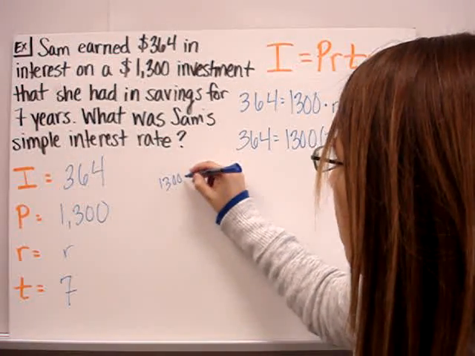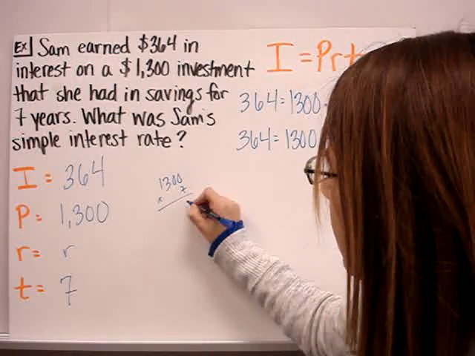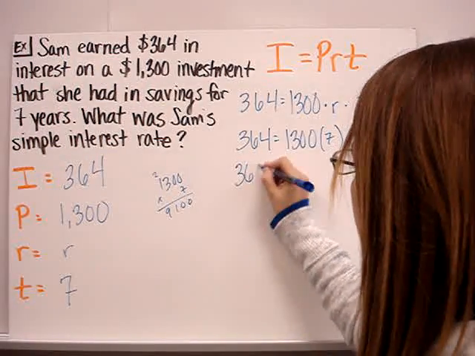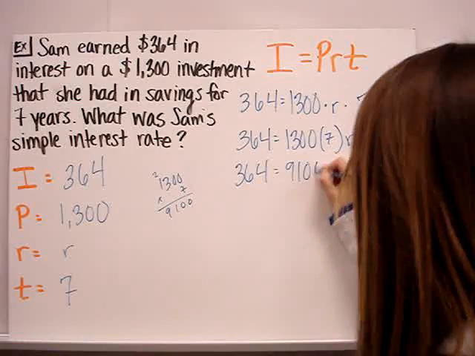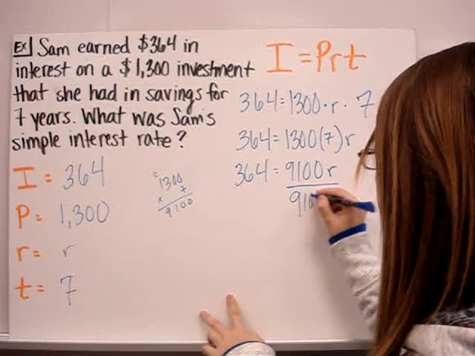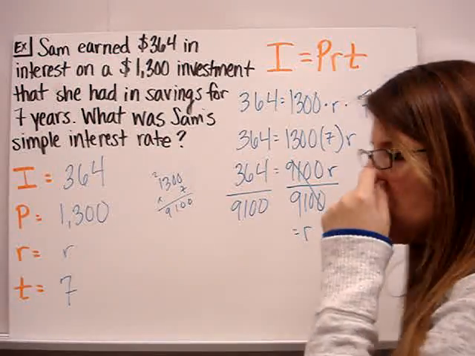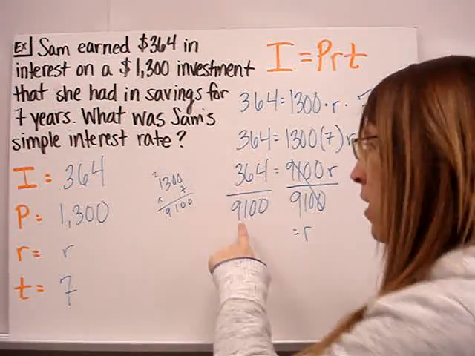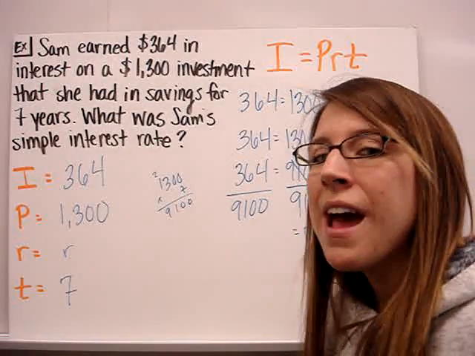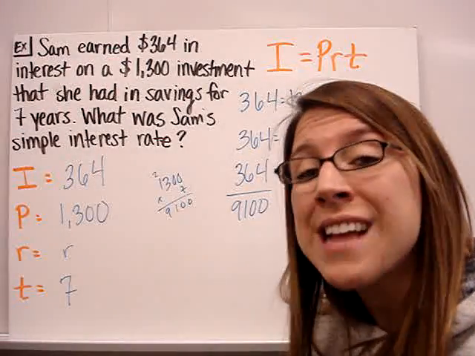Now 1,300 times 7, that's going to be 9,100 R. Now when you divide here, you realize that you're going to get a number much smaller than 1, because 364 over 9,100 is certainly less than 1. Well, you're going to get a decimal value, and that decimal value is going to translate to a percent, because remember, when we calculate it with a percent, we use the decimal equivalent.